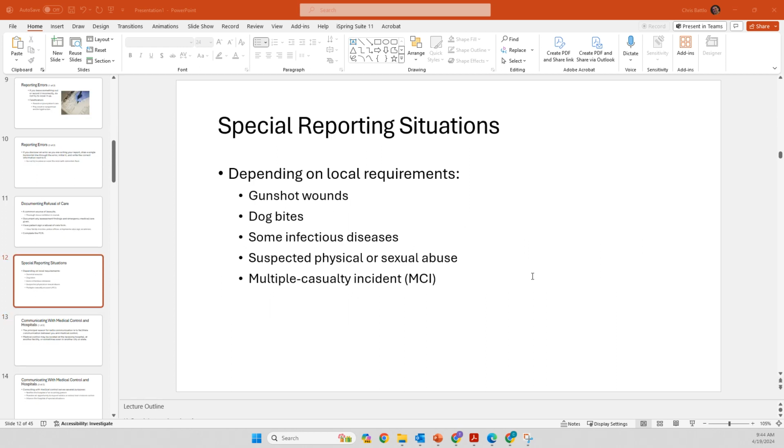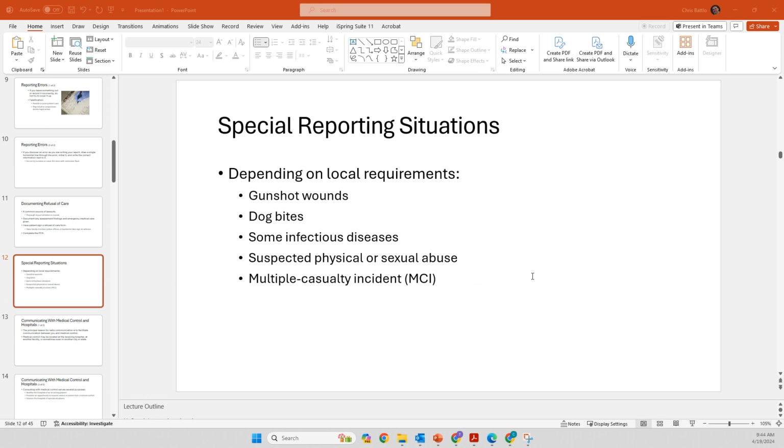Moving from charts to special reporting situations, I want to make sure that everybody understands that across most of the 50 states, remember, when we get finished with this class, all of you will gain South Carolina certification, but it's also a national registry-based course, so I've got to tell you about the whole country too.